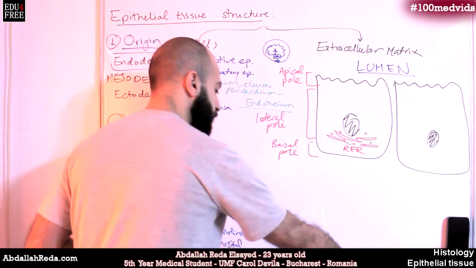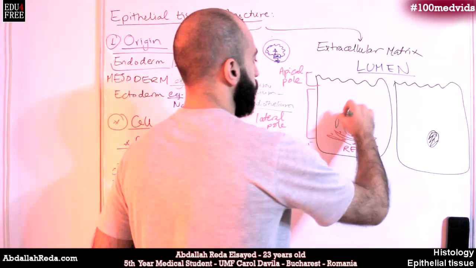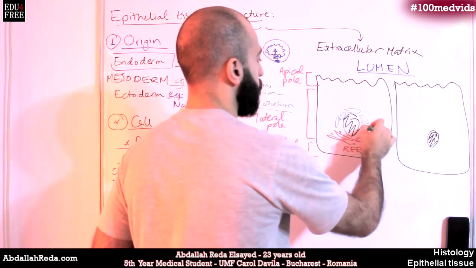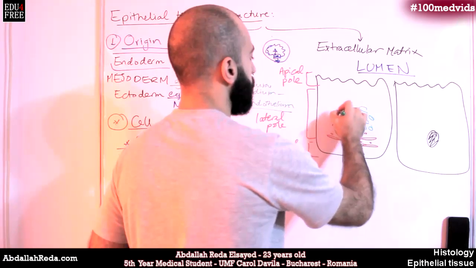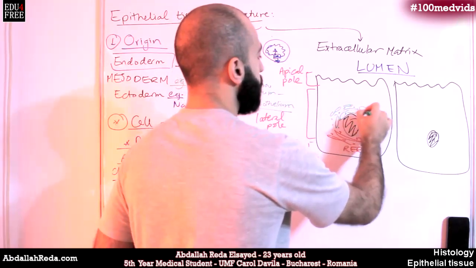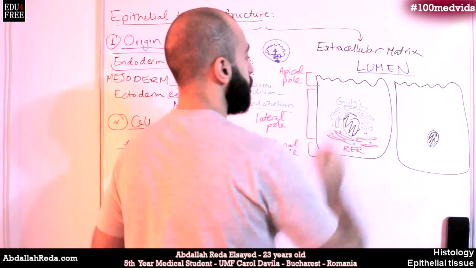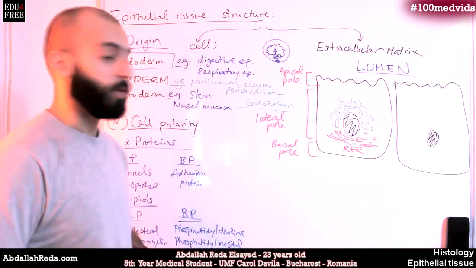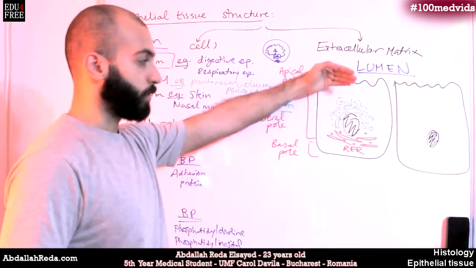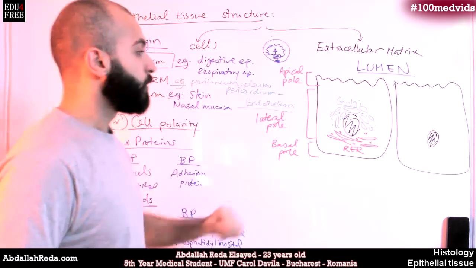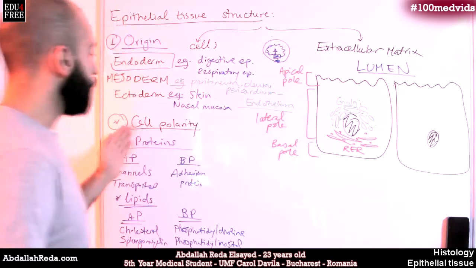And then we have the Golgi apparatus, which is responsible for making the vesicles that would transport those proteins that were originally assembled by the rough endoplasmic reticulum. So the Golgi is usually surrounding the nucleus, and it's halfway through the cell and is closer to the apical pole. So this distribution is also affected by the cell polarity.